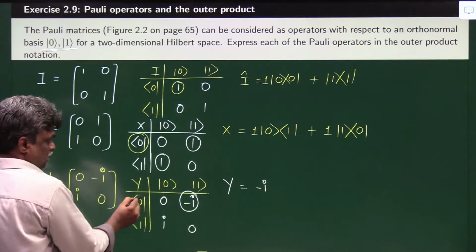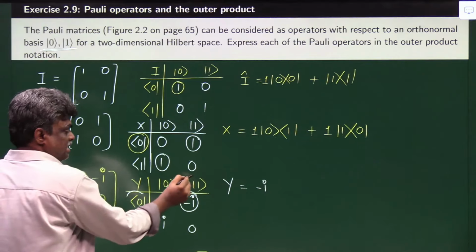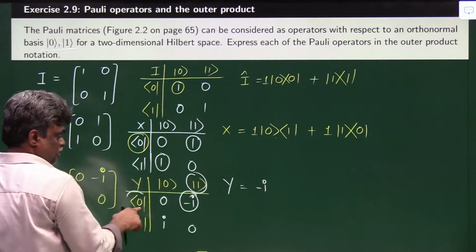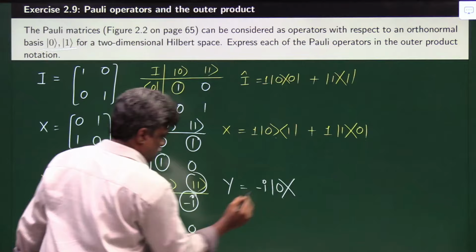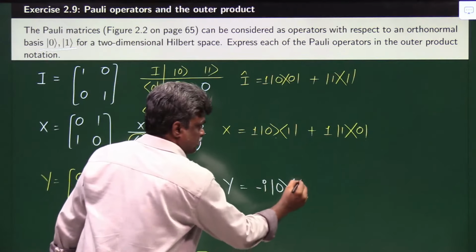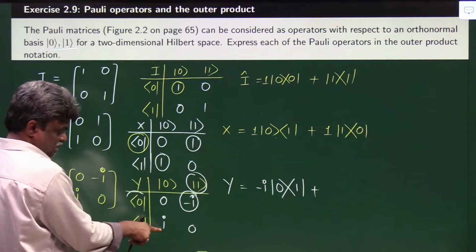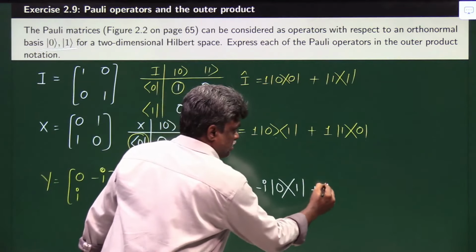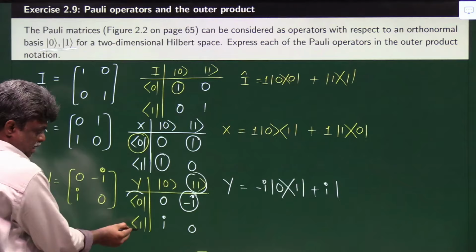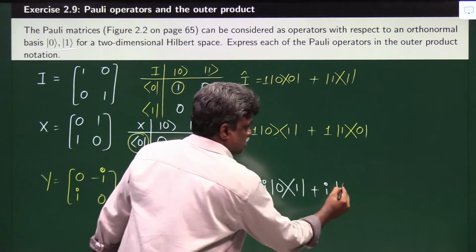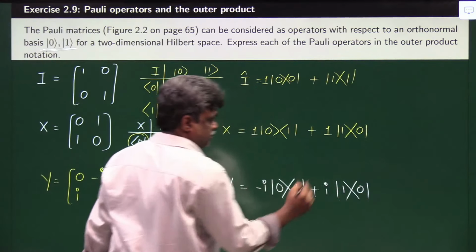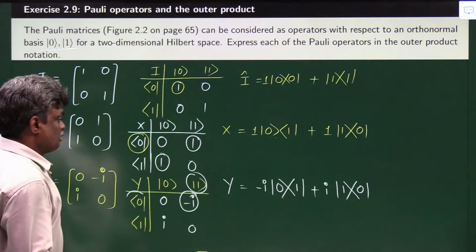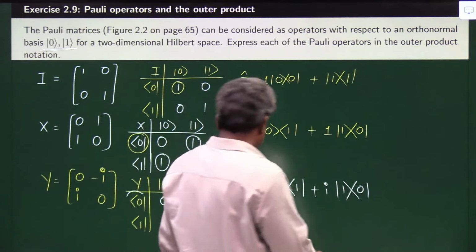Corresponding to this is the bra vector and this is the ket vector. So just convert this bra to a ket and write this ket as a bra, plus the next non-zero element iota, make this bra a ket and the corresponding ket a bra. That's it.